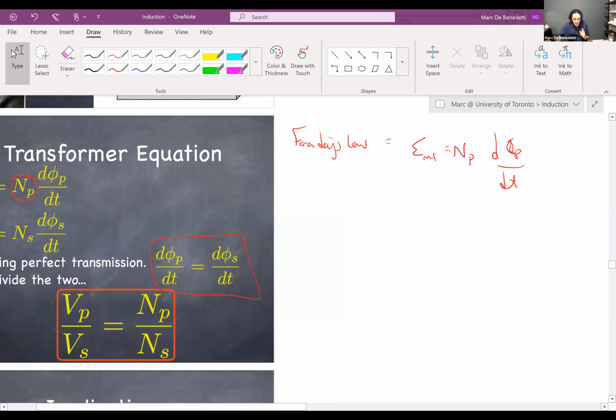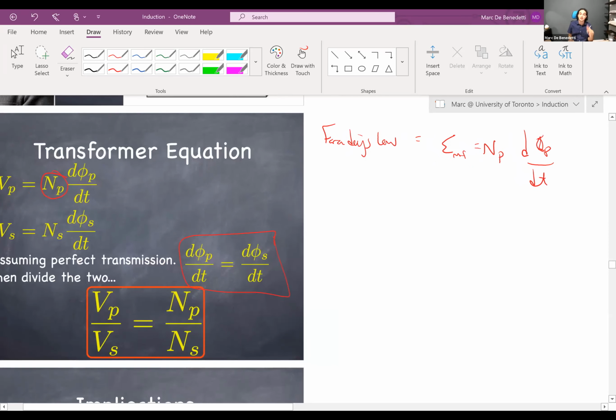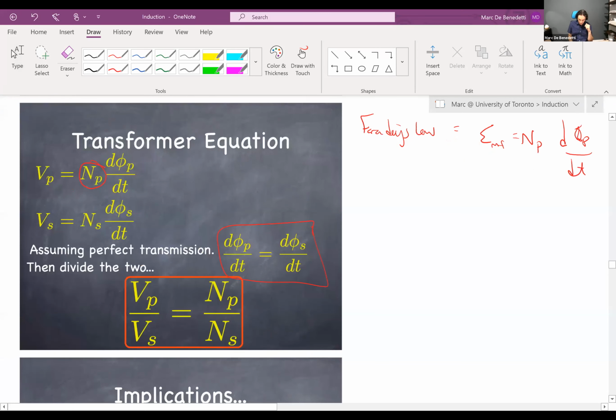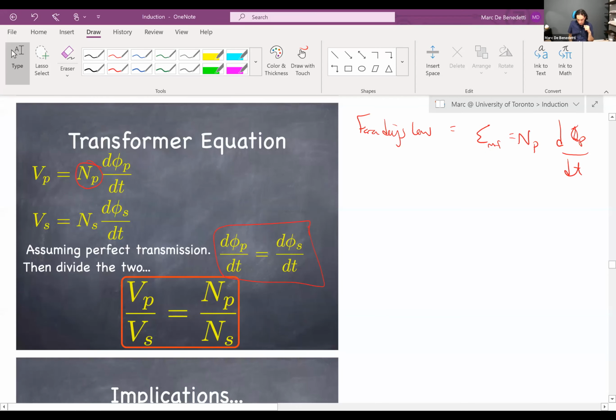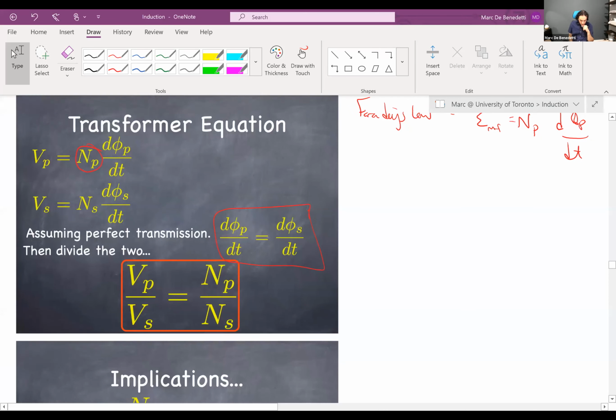So we know the change in flux is the same, but that does not mean the voltages that are induced will be the same. It just means the change in flux will be the same. So what we do here is we take this equality, plug it into this equation, and then you simplify, and you get something like this.